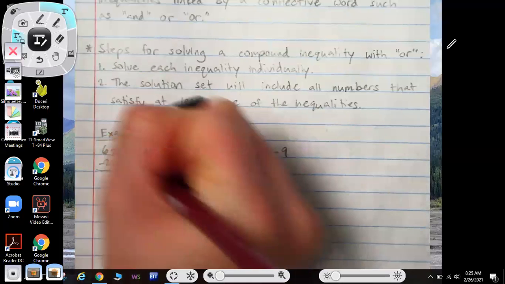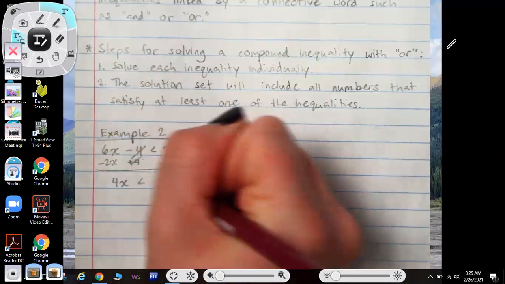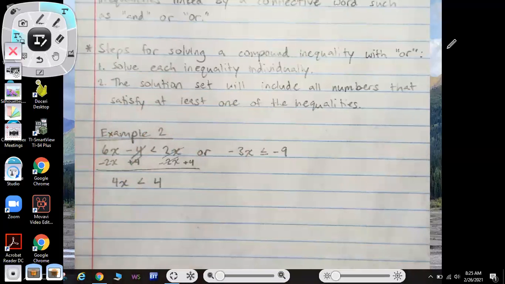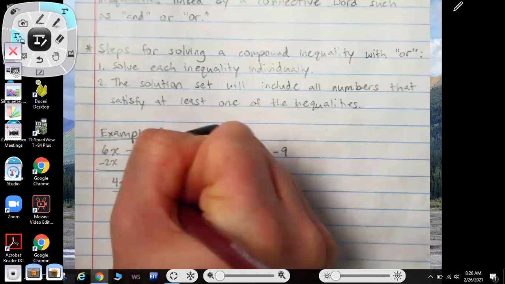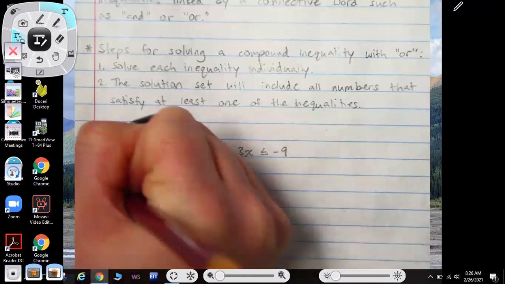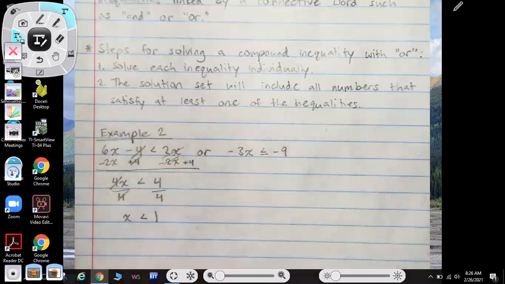These 4's cancel. The 2x's cancel. We're adding 4 to nothing. So 0 plus 4 is 4. And then we want to get x by itself, so we'll divide both sides by 4. We get x is less than 1.